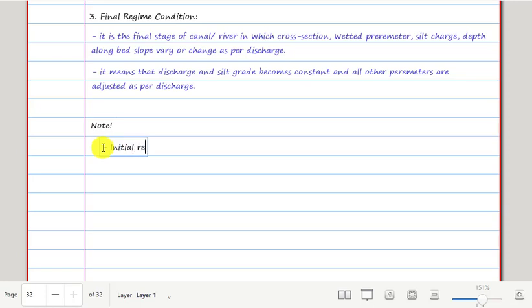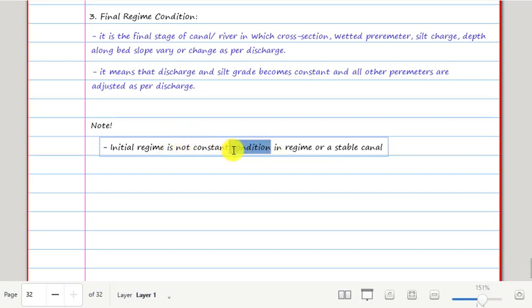Initial regime condition in regime or a stable canal is not constant. Write it here.